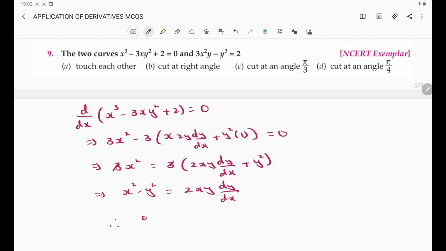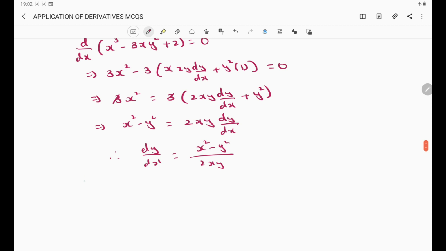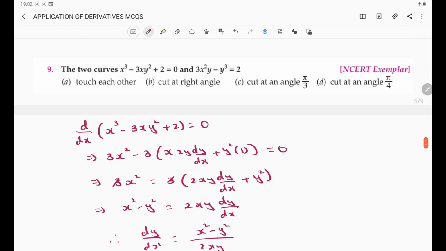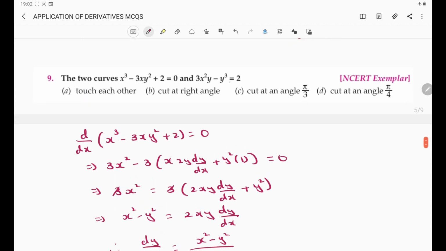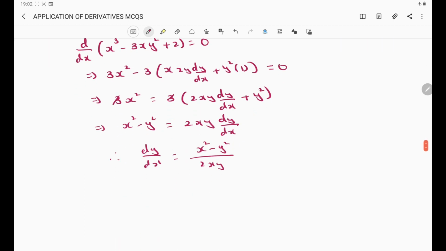Therefore, dy by dx is equal to x square minus y square by 2xy. So if these two curves are intersecting, at their point of intersection, say x1 y1, let x1 y1 be the point of intersection of the two curves.